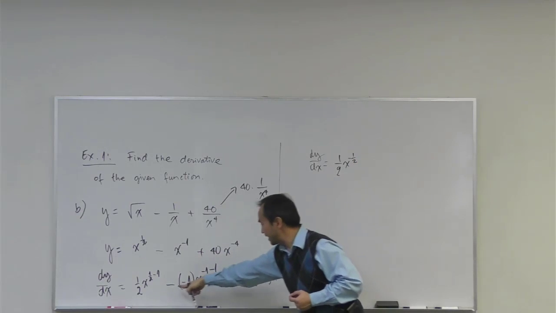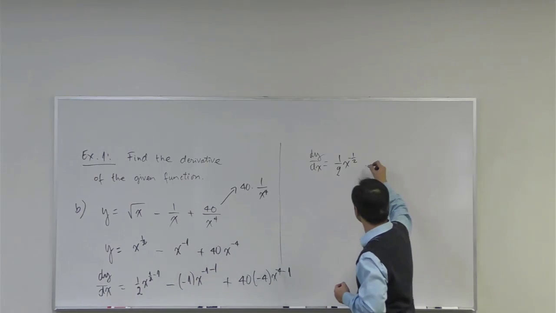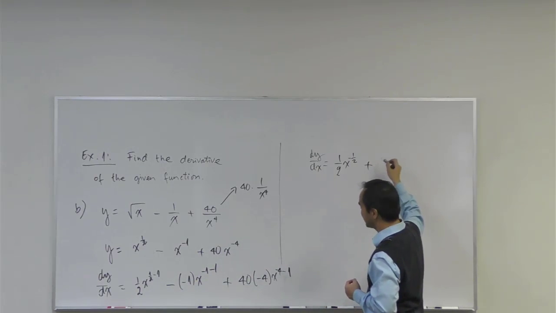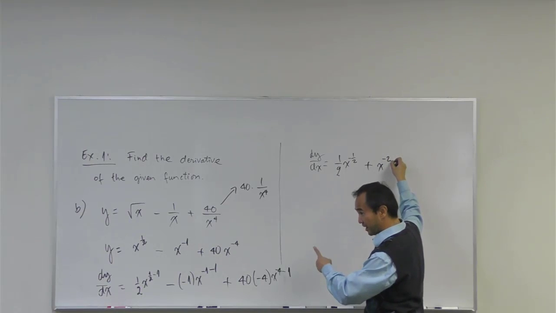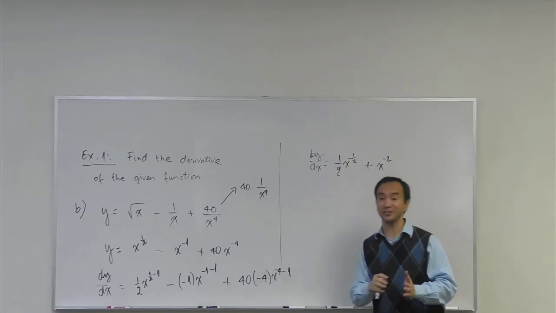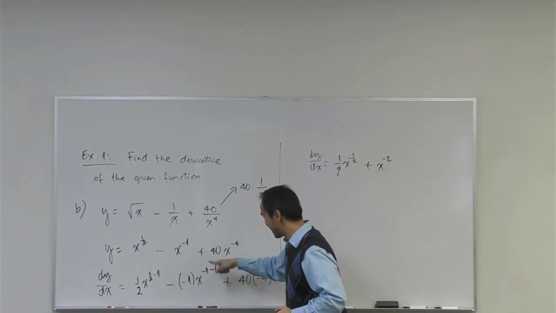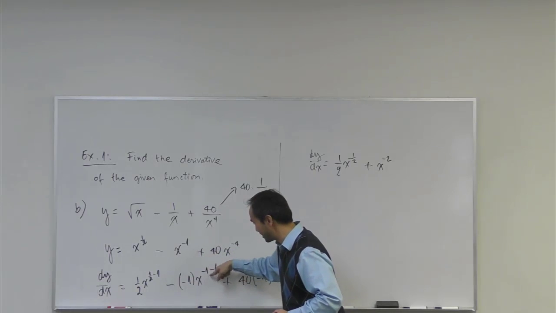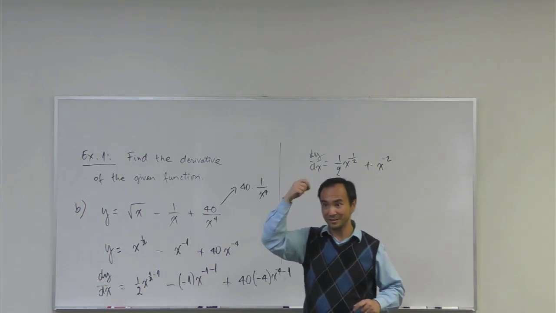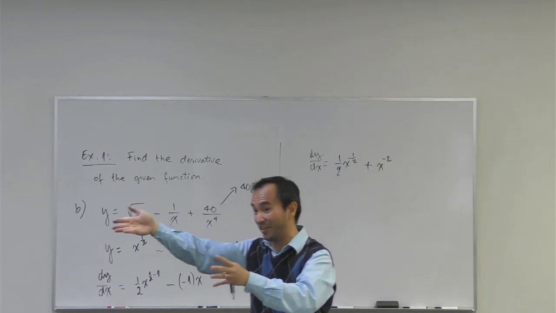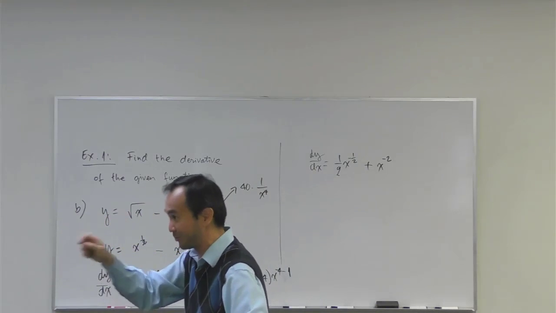Now, negative multiplied with a negative gives plus, x to the negative 2, right? Negative 1 minus 1, that's negative 2. That's the part where you got to be cautious sometimes. A lot of times people give me negative 1, right? They took it down and they think it becomes a power 0 here. They think of it as a magnitude 1 minus 1 right there, but it's a negative 1 minus 1.